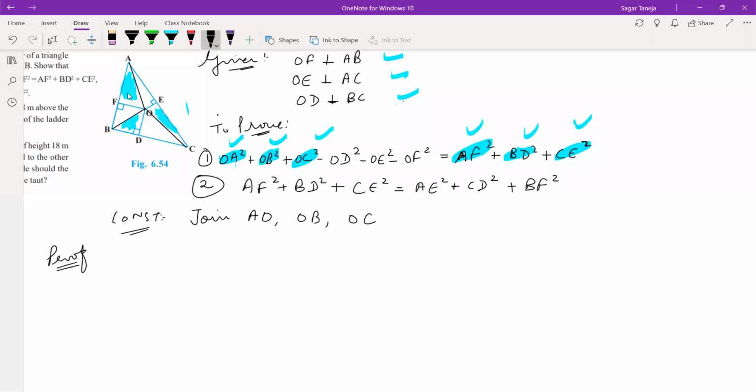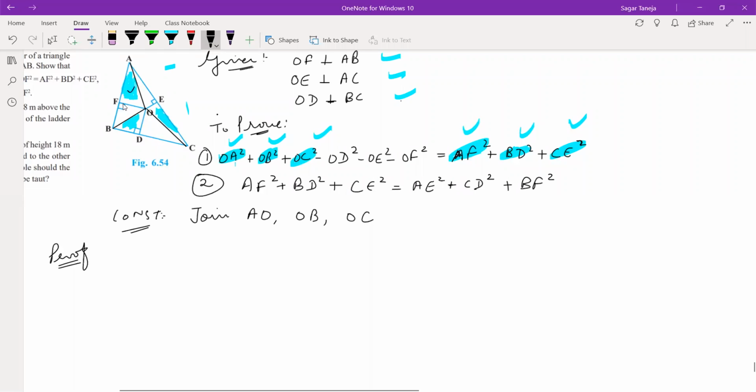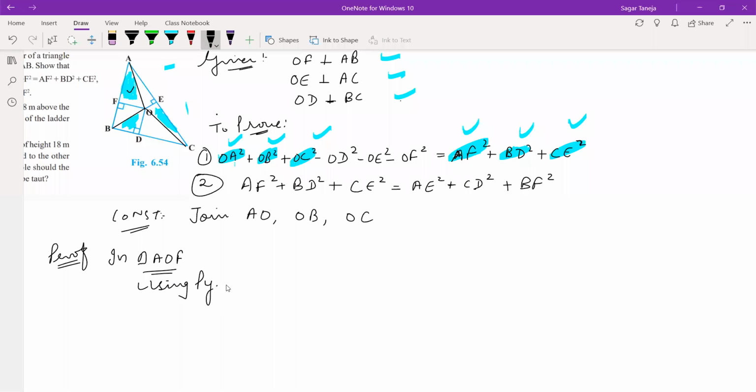So first of all I am starting with triangle AOF, using Pythagoras theorem. Where is the 90-degree angle? This.